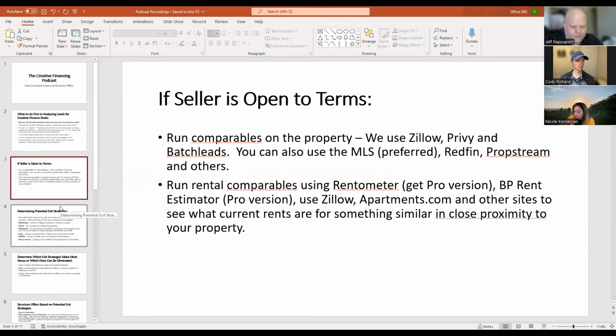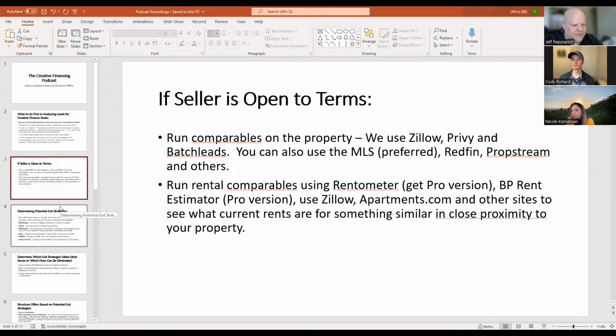None of them are the best, but I feel like with all three we can do a decent job. I would much prefer the MLS in every market, but you deal with what you have.